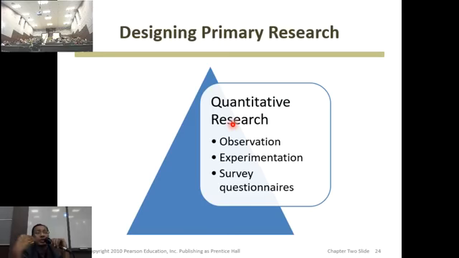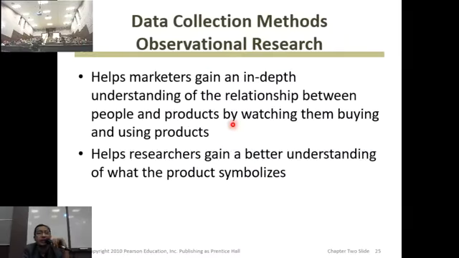You can also use experimentation, surveys, questionnaires. Observational research helps marketers gain an in-depth understanding of the relationship between people and products by watching them buying and using products.